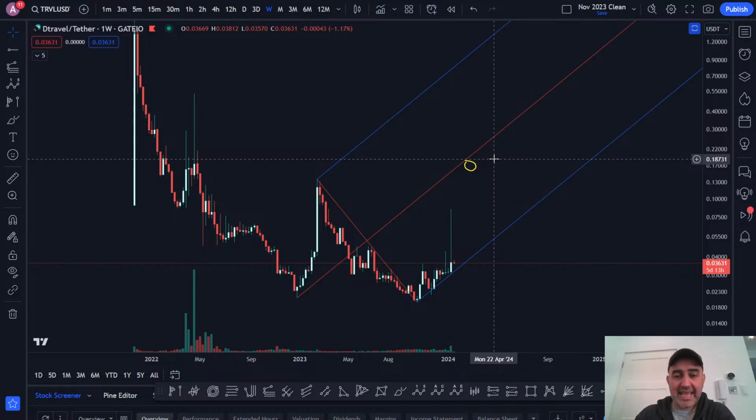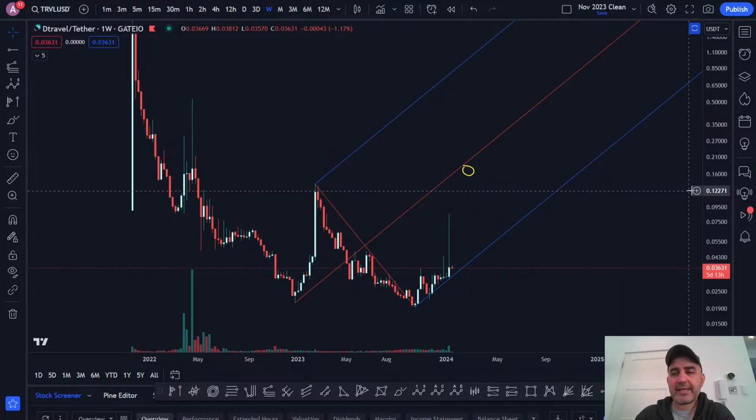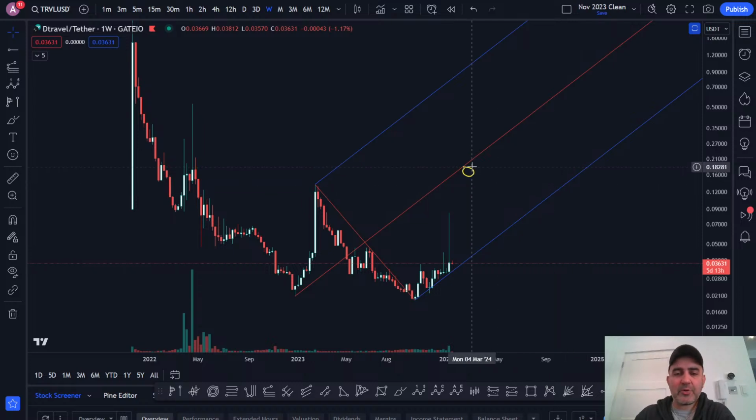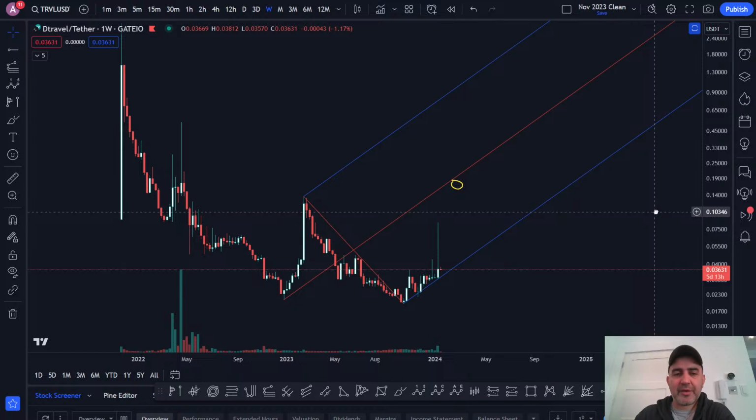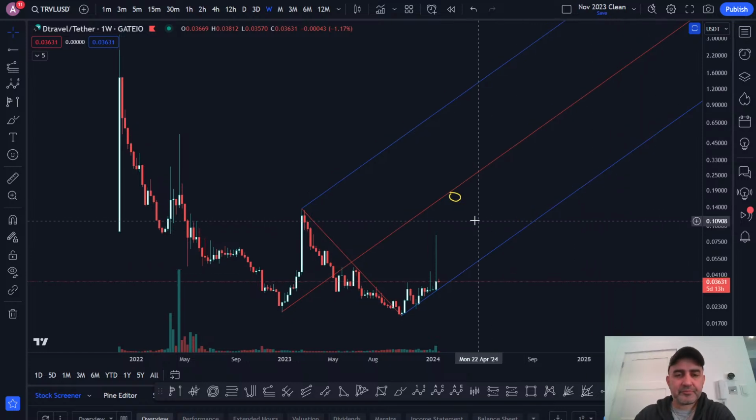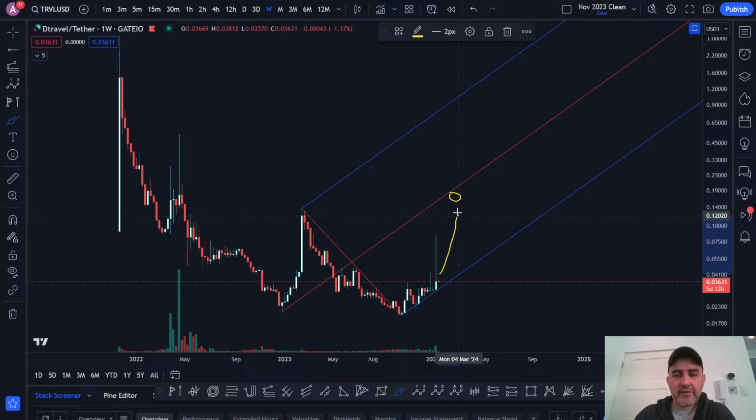You can scale out, you can also scale in. You don't have to market sell. If you place limit orders, the volume will fill your orders. So that's what I'm suggesting. If we do that, then I think the next level to defend potentially will be 9 cents.